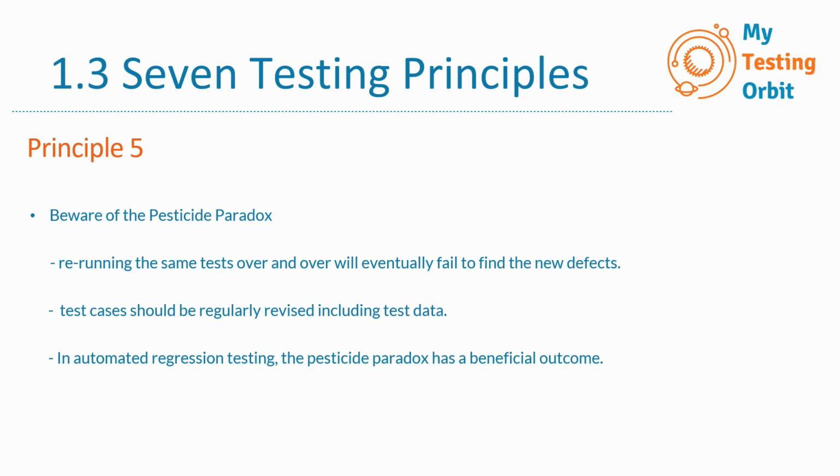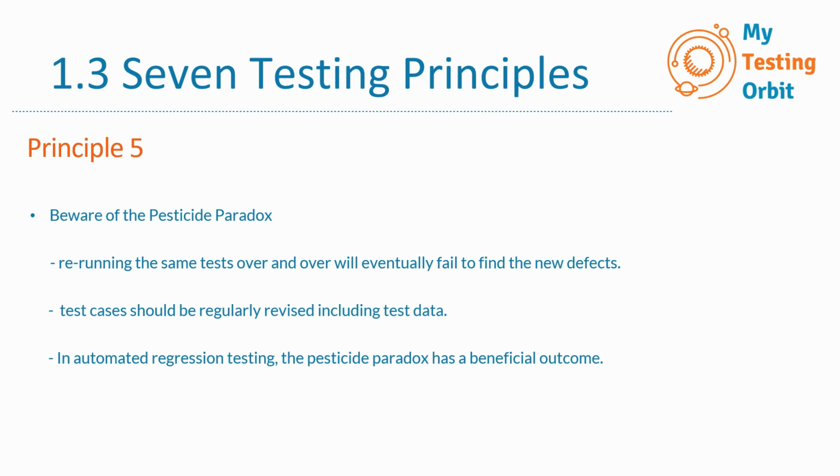Right, so if we are testing a module and we have 10 test cases, we ran those test cases, we found an issue, we fixed it, then again we ran the same test cases and we didn't find any issue. It means that if we keep on running the same test cases again and again, we are not finding any new defects.